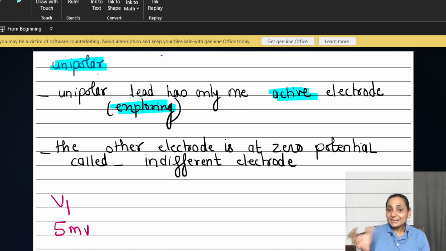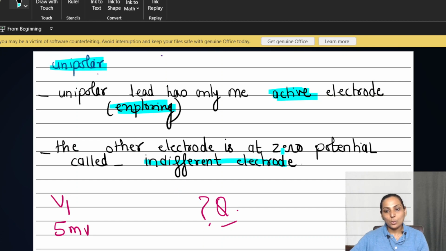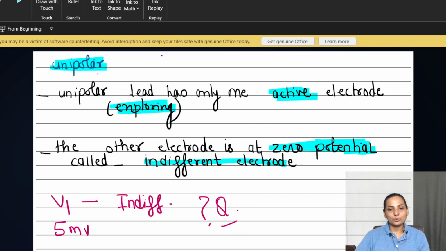But a lead is a pair of electrodes, so where will we bring the second electrode from? That second electrode is called the indifferent electrode, which will always have a zero potential. That means in the case of a unipolar limb lead, suppose V1, it will be V1 minus indifferent electrode, and the indifferent electrode's potential is always 0. So 5 minus 0, that means 5. That means you are picking up the electrical activity of only that particular unipolar lead.